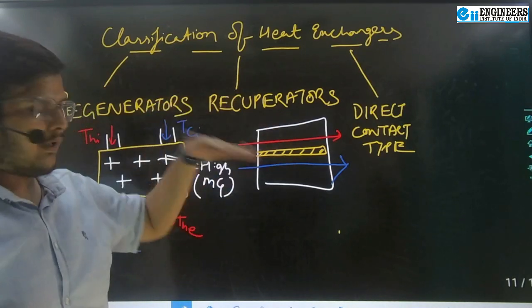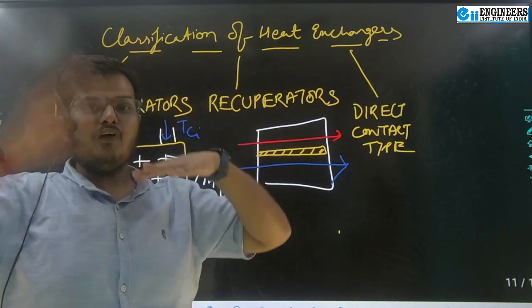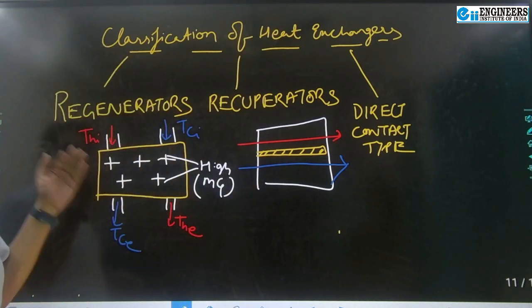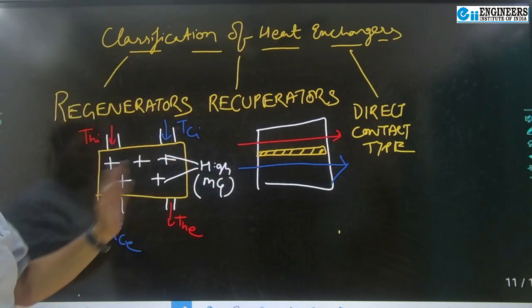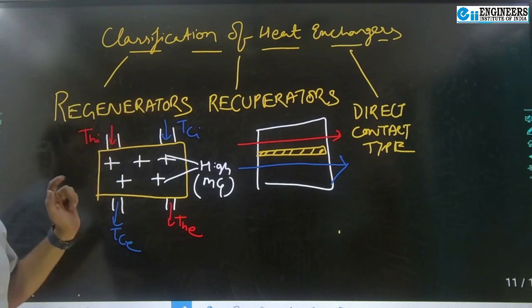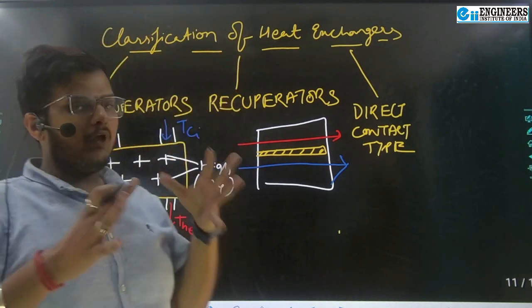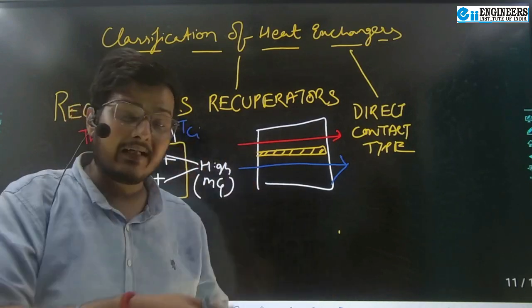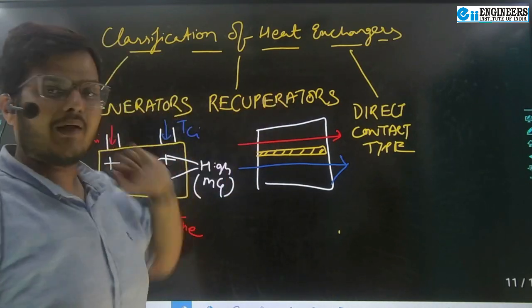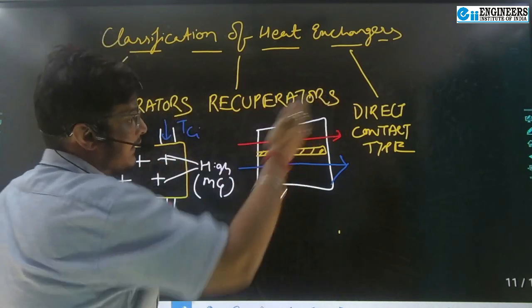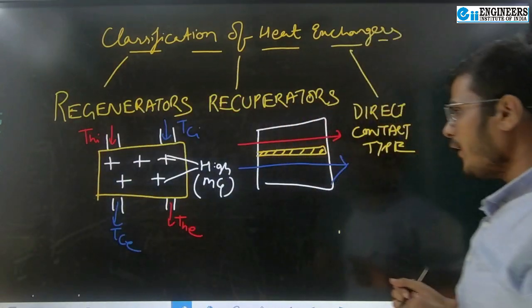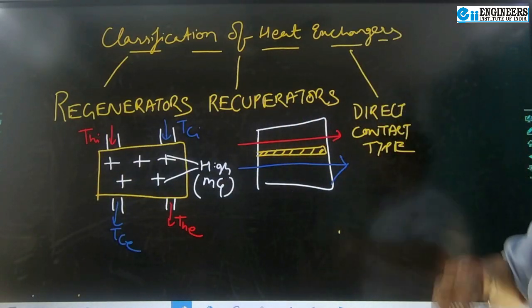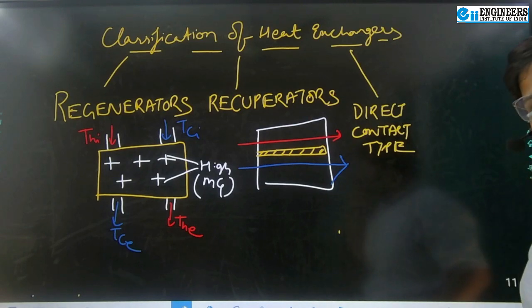That means this wall acts as the media for the exchange of heat from the hot fluid to the cold fluid. So in the regenerators, you are making the fluid flow one by one, one after the other. In recuperators, you are making the fluid flow simultaneously and you are transferring the heat. In the direct contact type heat exchanger, you make the hot fluid and cold fluid come in contact with each other in one go.